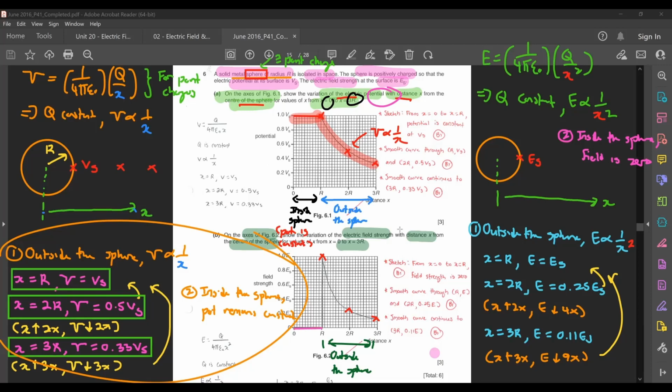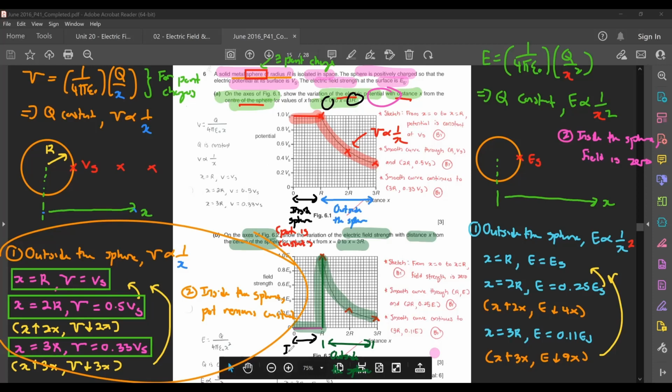You join it with the remainder of your other lines and you will get something like this. This is your field strength versus distance graph. So that should be it for this. Let me write something here: this one is inside the sphere, so field strength equals 0 inside the sphere. Okay, so this question is all right.